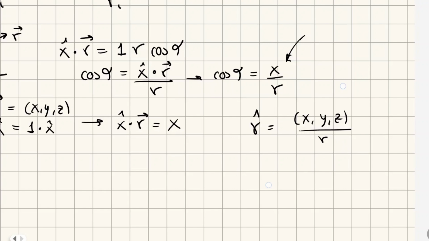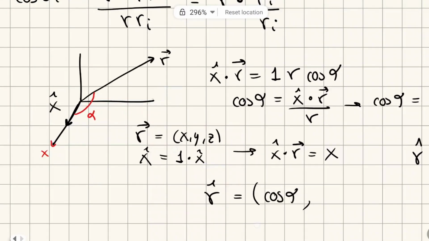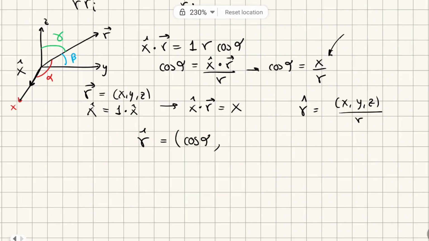That means the unit vector r is defined as cosine of alpha for the x component, and if this is y and this is z, and we name this angle beta and this angle gamma, the components of r are cosine of beta and cosine of gamma.